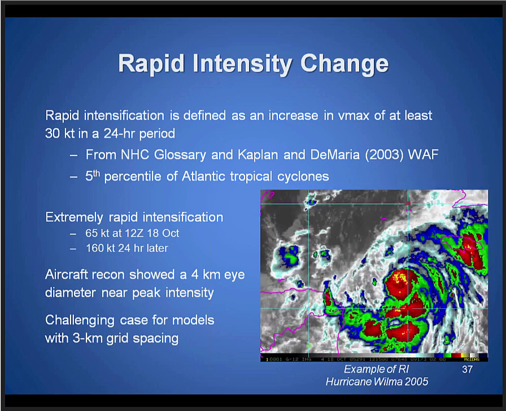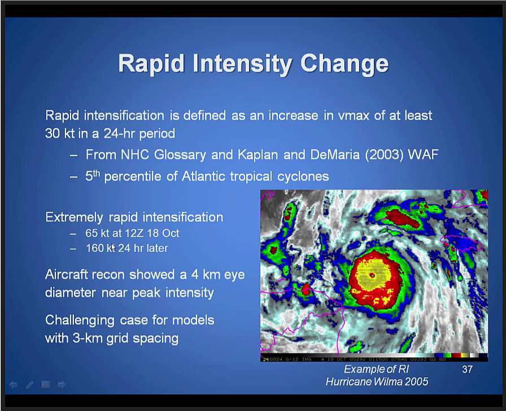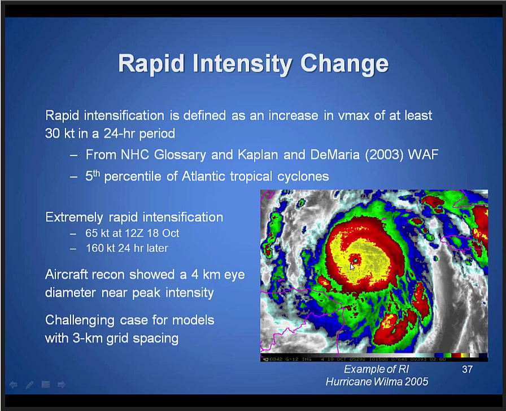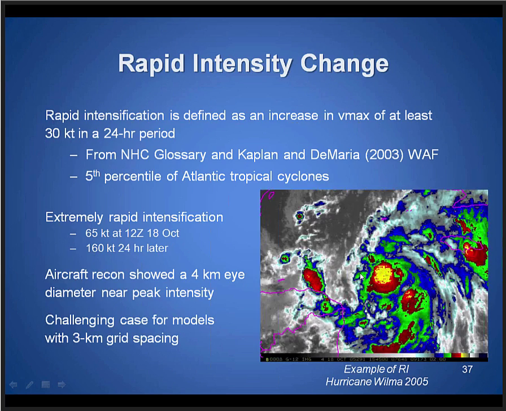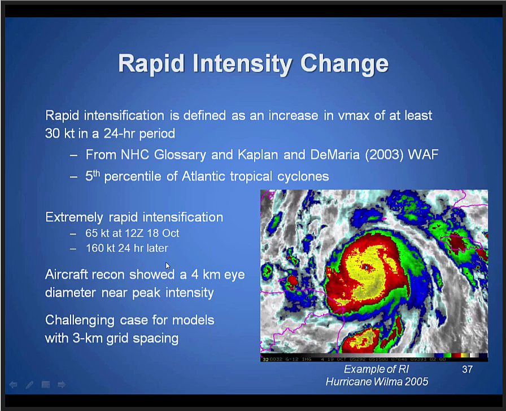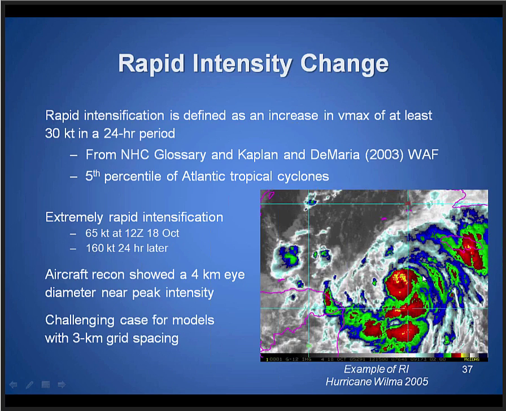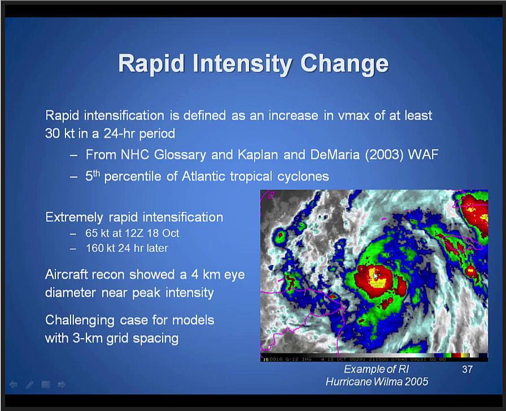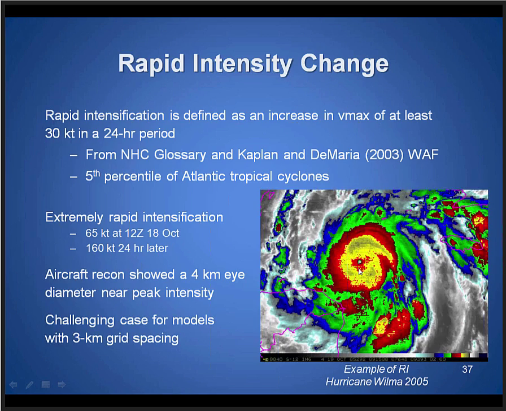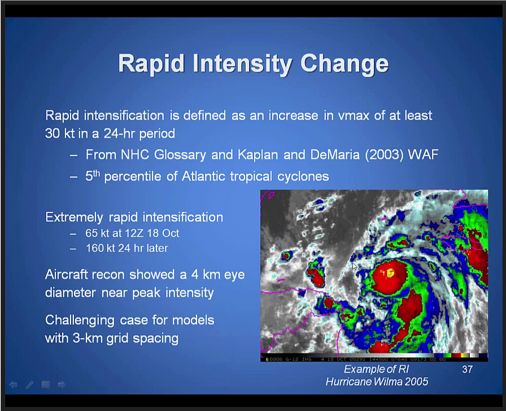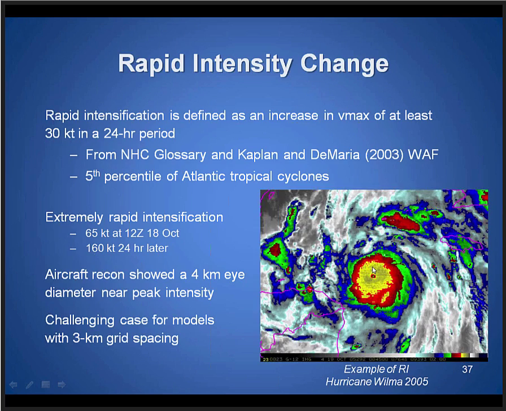And in this example here, it did a 160 knot intensification from a minimal hurricane to a Category 5. Trying to get this with dynamical models is extremely difficult, if not impossible, because of how tiny the eye becomes when it gets this strong.